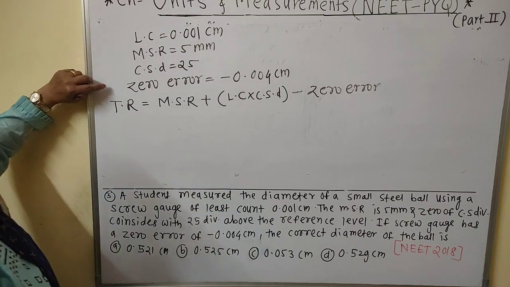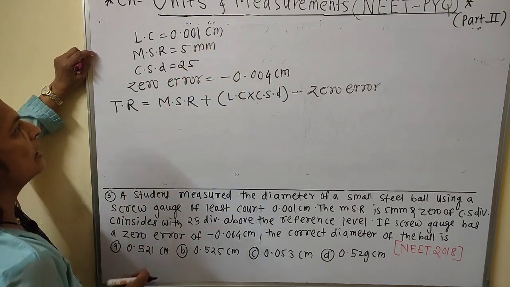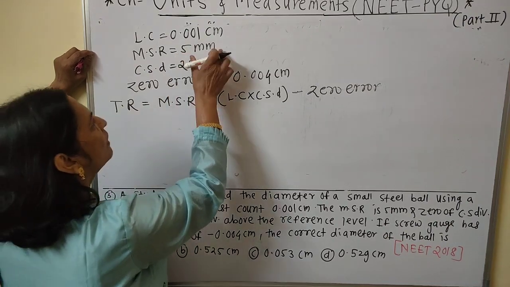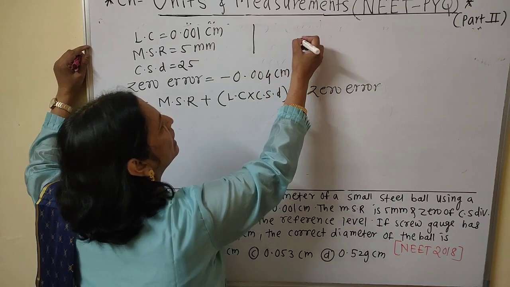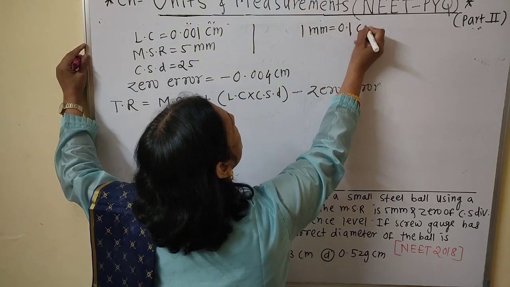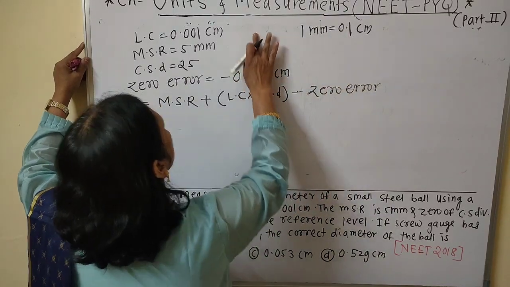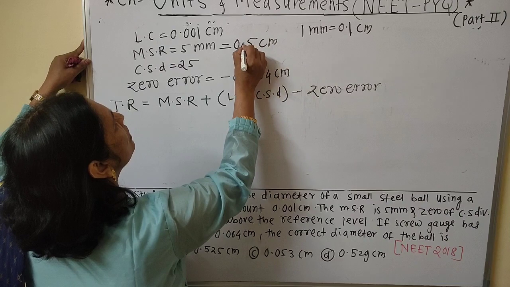Now observe the reading. This is in centimeter, then this is also in centimeter. So we have to convert this 5 millimeter into centimeter, and we know that 1 millimeter that is equal to 0.1 centimeter, and therefore this becomes 0.5 centimeter. Understood?